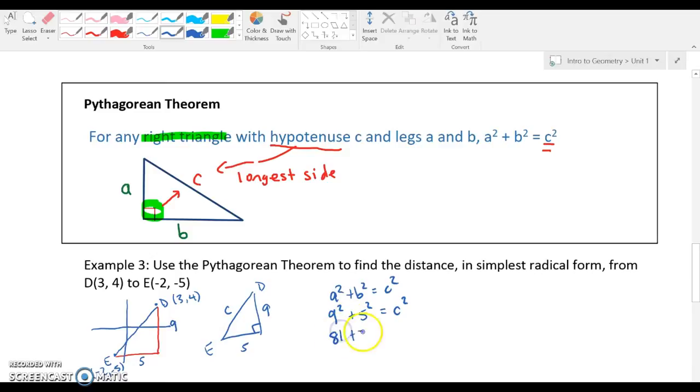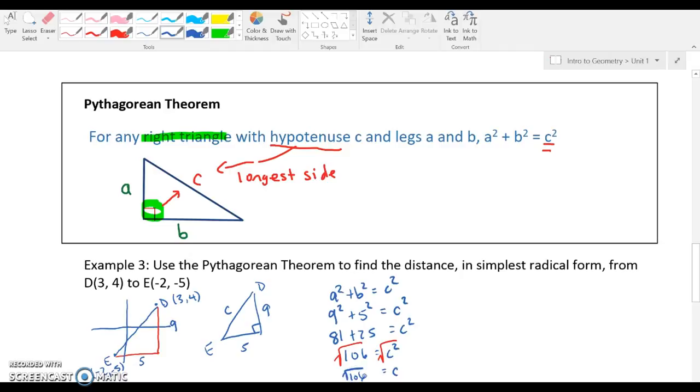So 81 plus 25 is equal to C squared, which gives me 106. And then since I'm looking for C, remember from Algebra 1, your inverse operations, square root that, and we're going to get C equals the square root of 106.